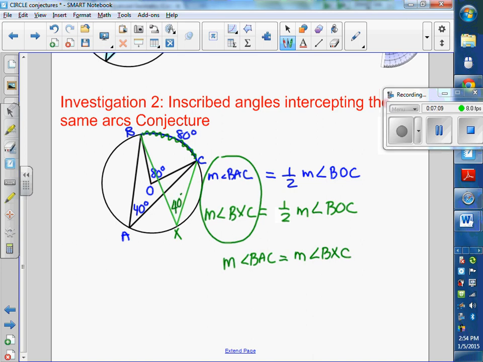So they're both 40 degrees. No matter where I draw the angle, even if it's over here, each time I draw an angle, if it intercepts the same arc, they're going to have the same measure.